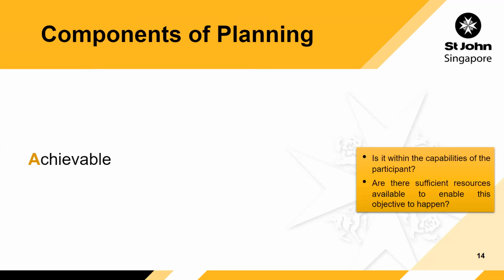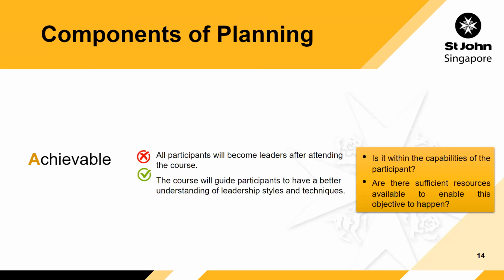Thirdly, achievable. Is it within the capabilities of your participants to meet this objective? And will they be able to access the required resources to ensure that this objective can happen? You can take a read for the example.